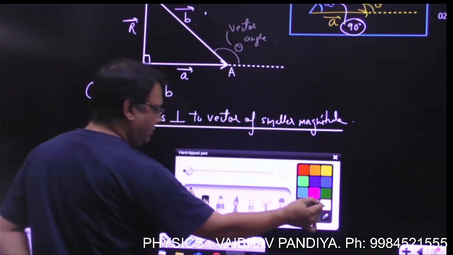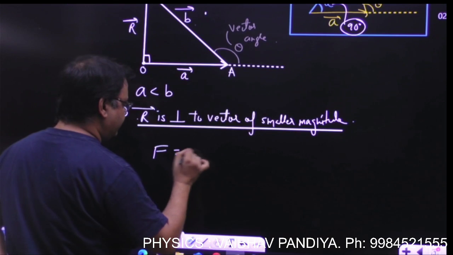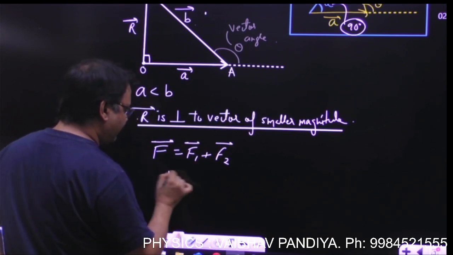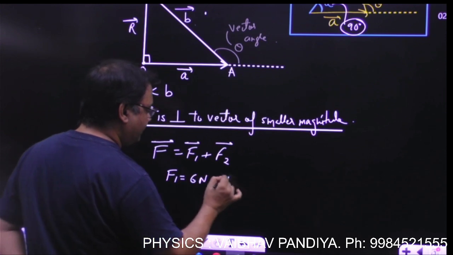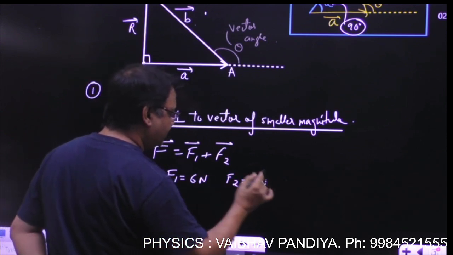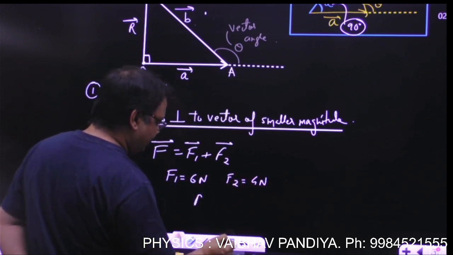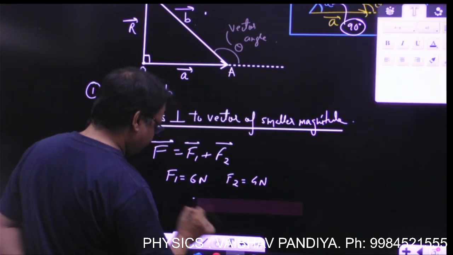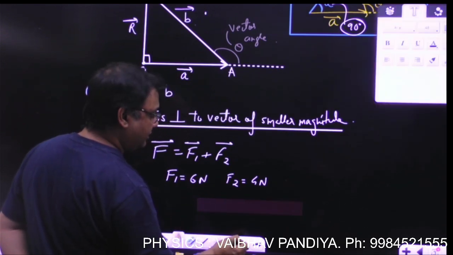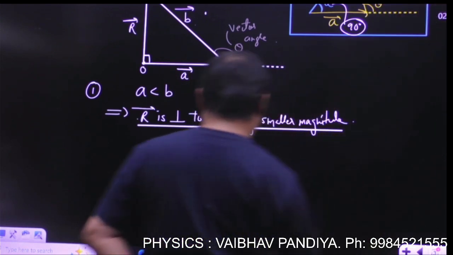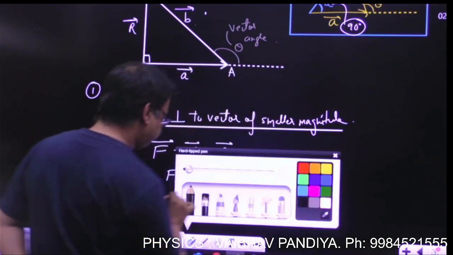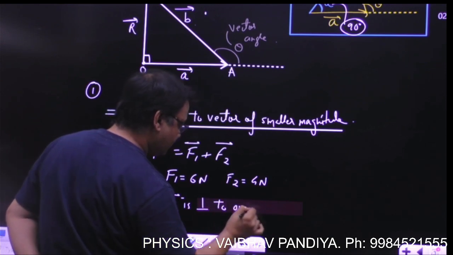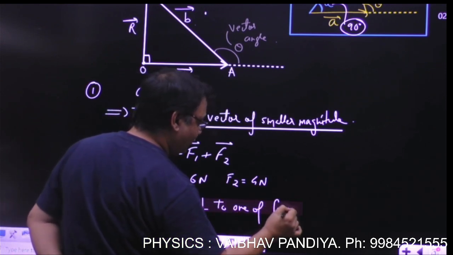So given the problem, the vector F is vector F1 plus vector F2, okay, and F1 is given to be 6 Newton and F2 is given to be 4 Newton, and it is given that the resultant vector F is perpendicular to one of the forces.